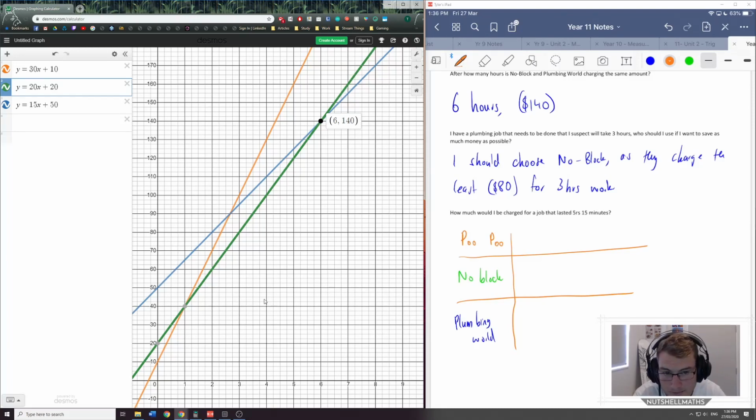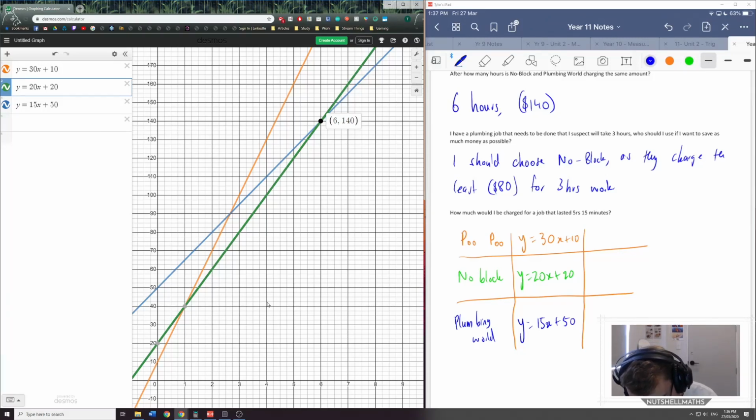So Poo Poo Plumbing, we're looking at 5 hours 15. So I'm going to write the equations here. Y equals 30x plus 10. Now I know there's lots of different ways to do this. I'm going to show you probably the hardest way so that you are most equipped. I do want the prices for all of them only because I want to do it like that, and that's obviously not what the question is asking for.